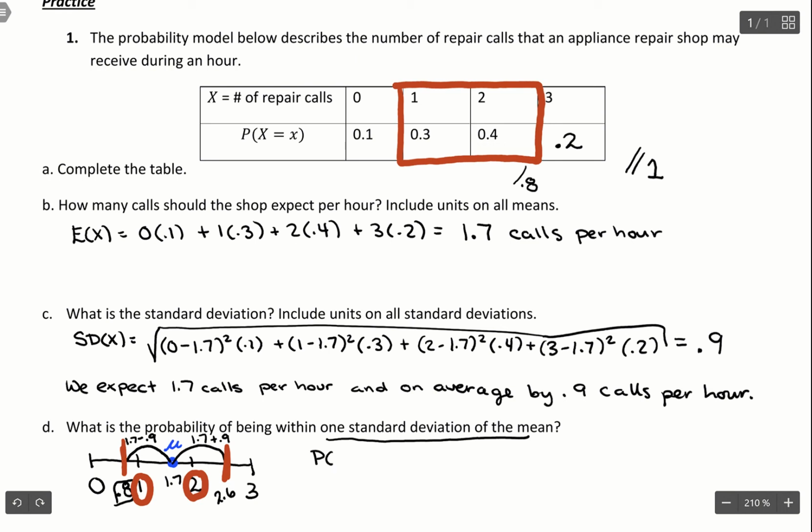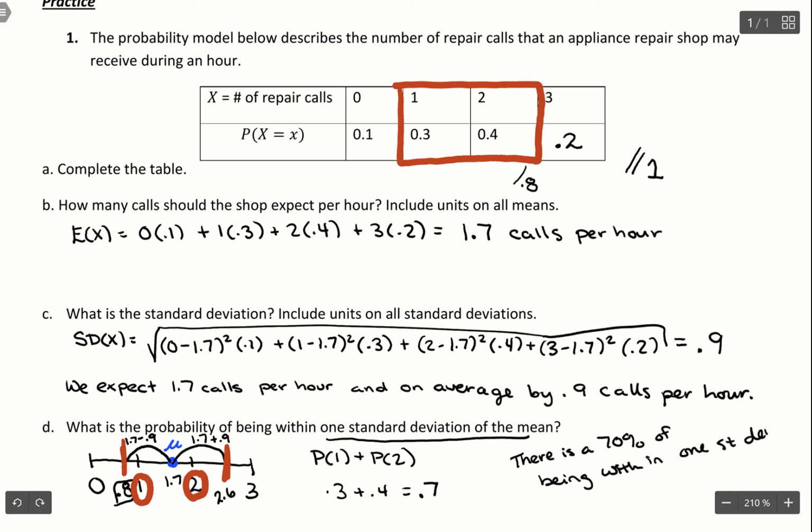We want to take that probability of 1 occurring plus that probability of 2. So you're taking that 0.3 plus 0.4 to get this probability of 0.7. So there is a 70% chance of being within one standard deviation of the mean. So those are some different things we can do with these discrete random variables.